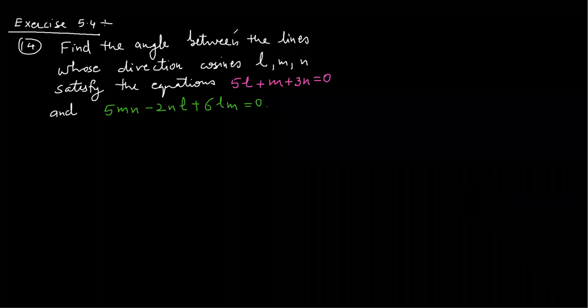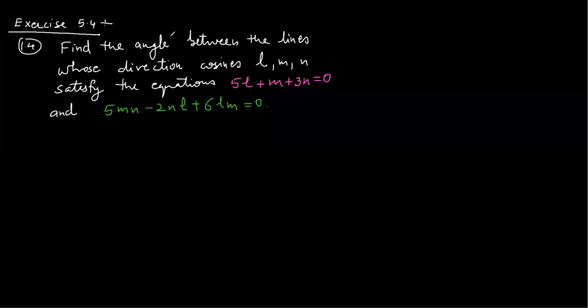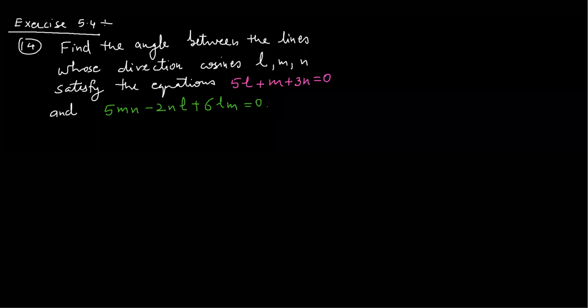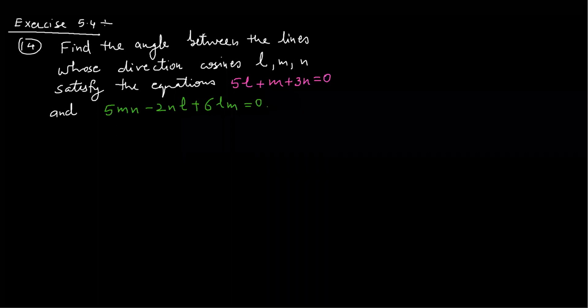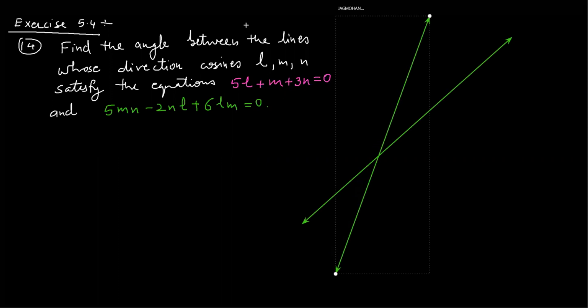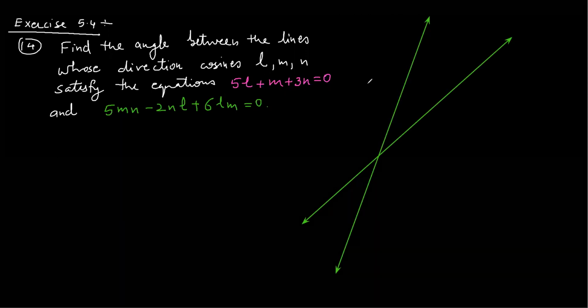So let's take a problem. The book I'm using, this problem is from exercise 5.4, the 14th question. The question goes as follows: find the angle between two lines. So there are two lines, and we have to find the angle between these two lines.